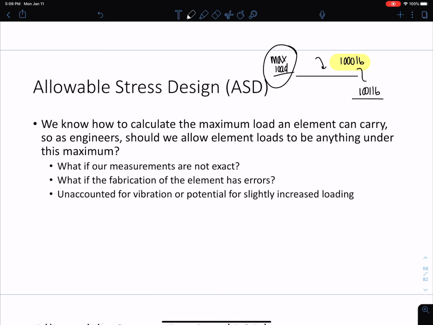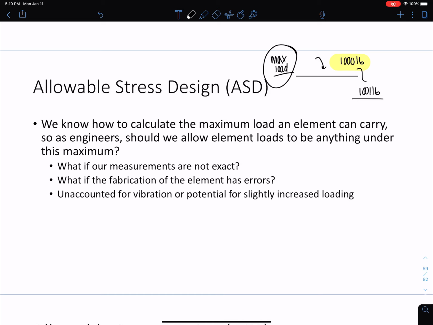What's going to happen if our measurements weren't 100% correct? Or what if during construction we're a little bit off and there's some type of fabrication error? What if there's some unaccounted for vibration or a potential slight increase in loading? For example, we have maximum limits for buildings. What if one day we go a little bit over the max and no one's counting those fire code regulations?